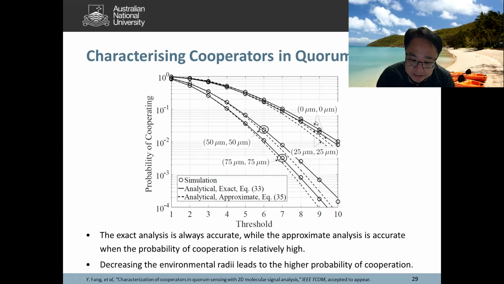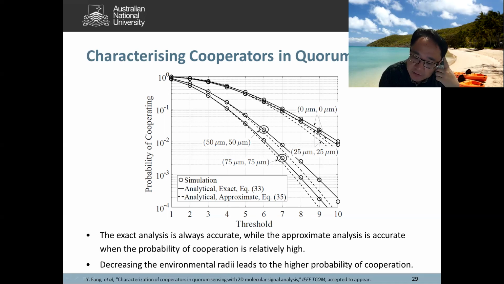And for this figure, we consider different environmental radii. If you remember what we consider in the system model, we consider a bounded circle, and the environmental radius corresponds to how large or how small this circle is. We see that when we consider a smaller radius, and that means we decrease the radius, it leads to a higher probability of cooperation, because when we decrease this radius, the circle becomes smaller.